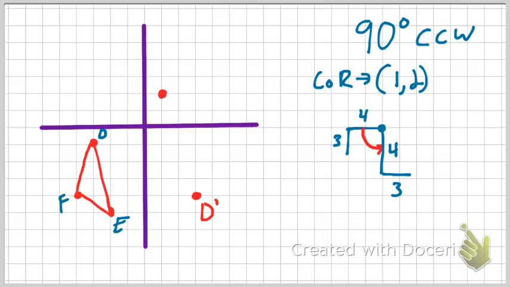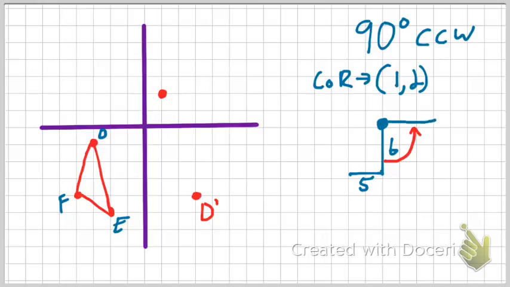We have to do that for each point. For F, you go down 6 and left 5. We rotate that 90 degrees counterclockwise.